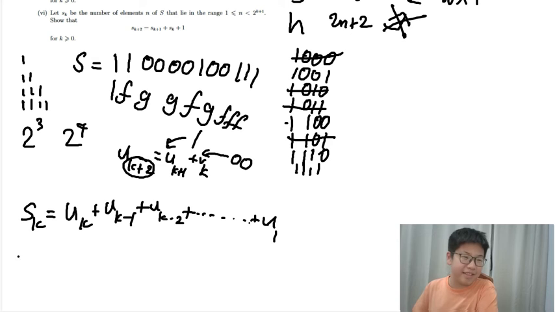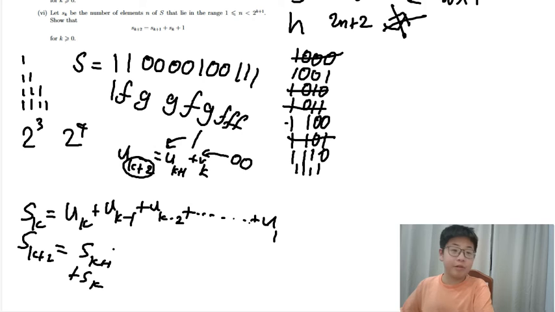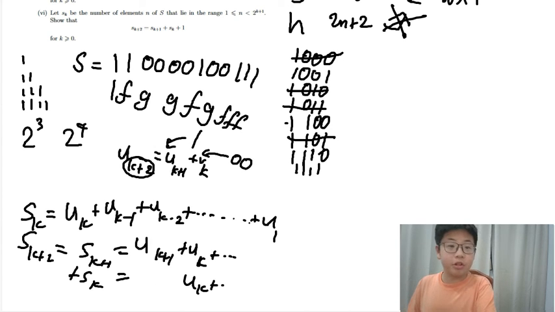Then we are now saying that s_(k+2) equals s_(k+1) plus s_k. So s_(k+1) equals u_(k+1) plus u_k plus dot dot dot plus u_1. And then don't forget, we have the 1 at the end.